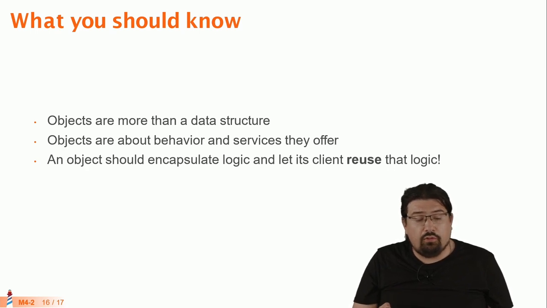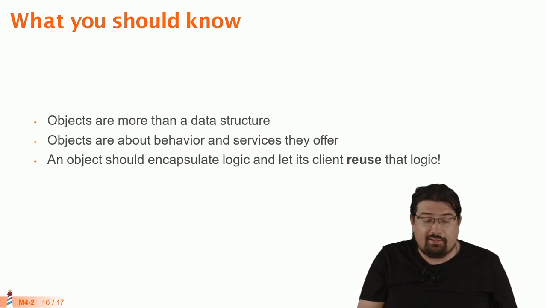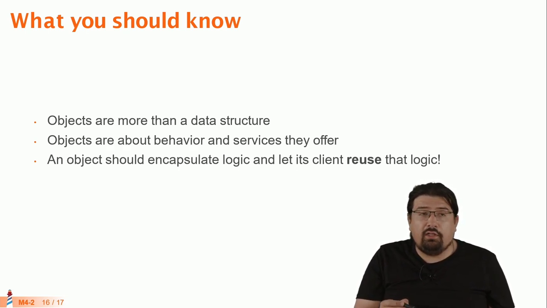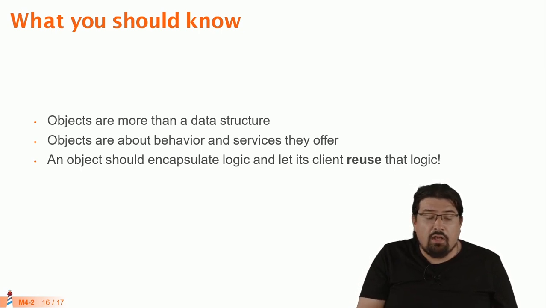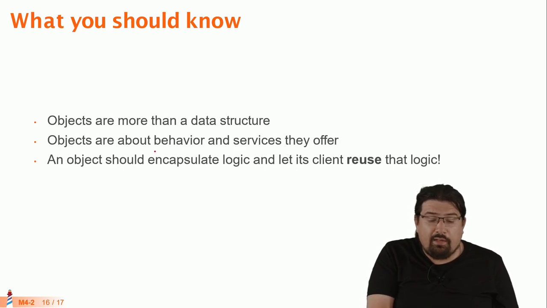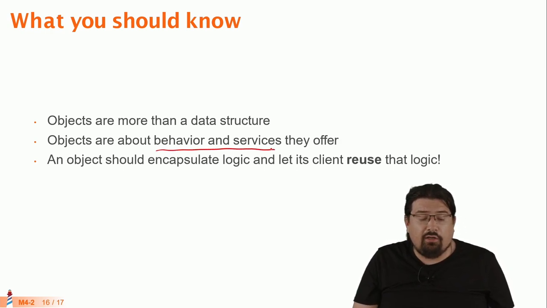So, as a conclusion, you have to remember always that objects are much more than data structures. The part holding the instance variables is just a part of the object, and usually the least important. The most important is the behavior and the services the objects provide to their clients. What is the API they expose?